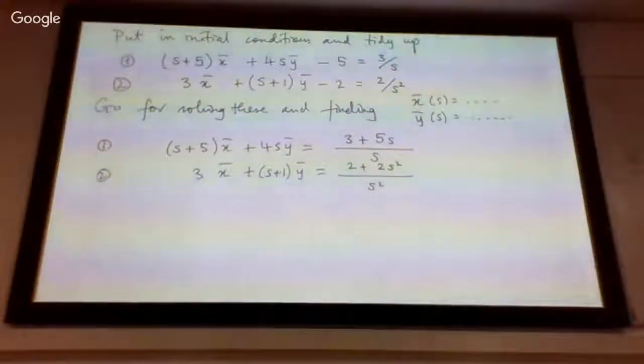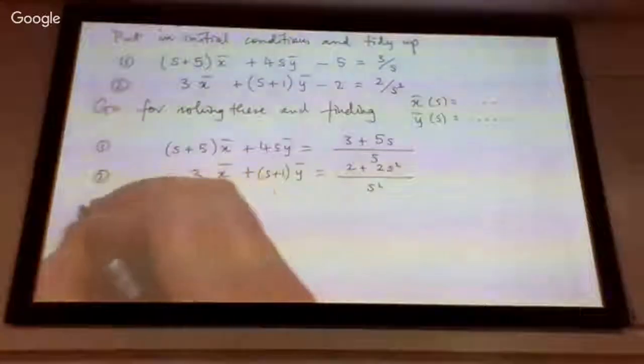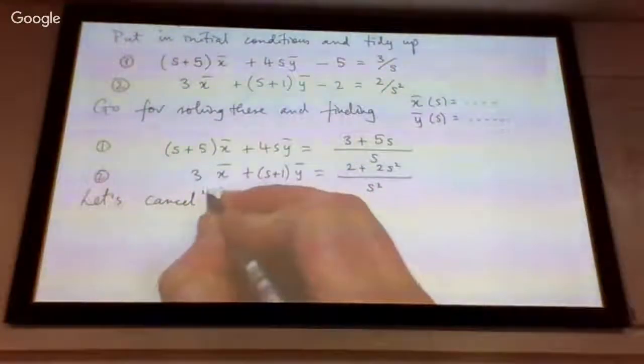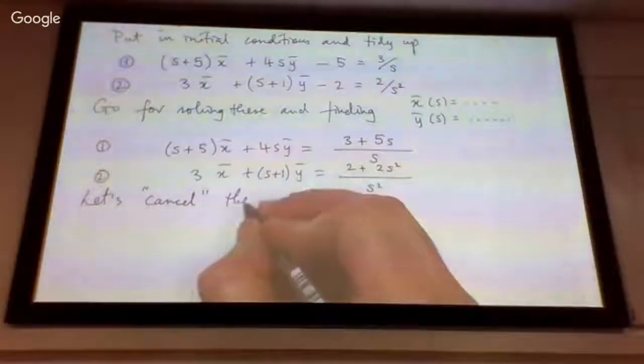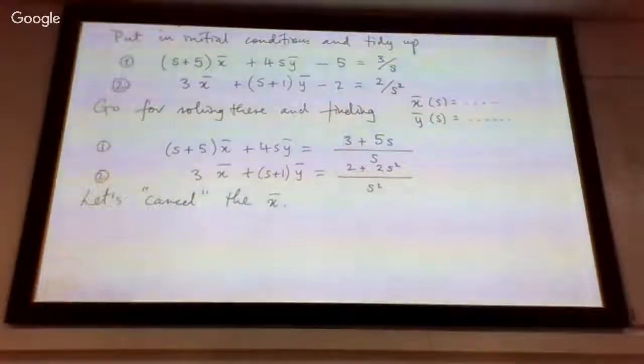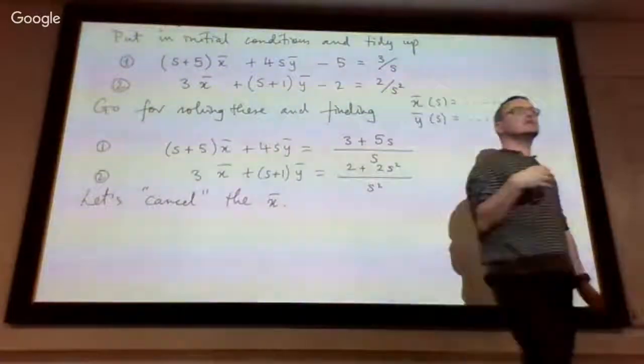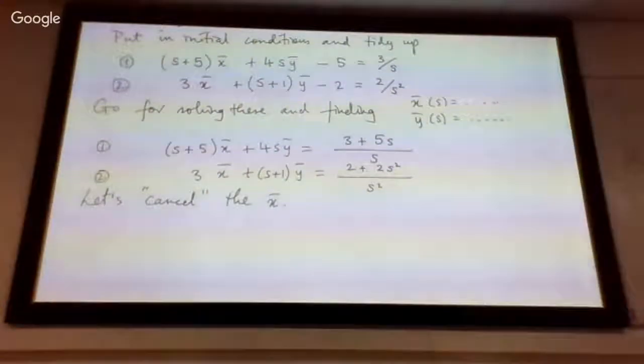How about we cancel the x bars? Get rid of the x bars, so we're just left with an equation which only features y bar, and then we can see what its solution is.